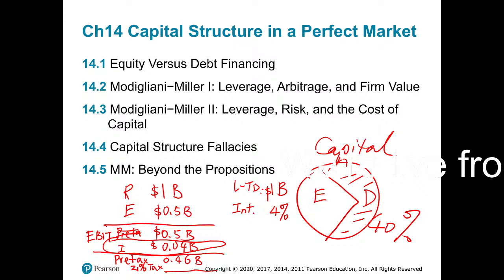So when the tax rate is really high, using more debt can offset part of your cost of capital, right? Suppose the tax rate is 100%, then the interest is 100% tax deductible.